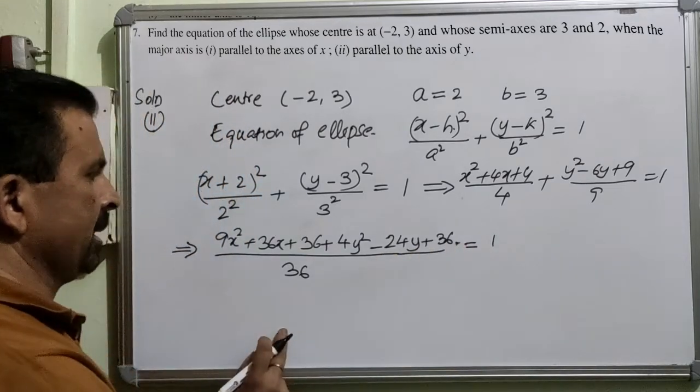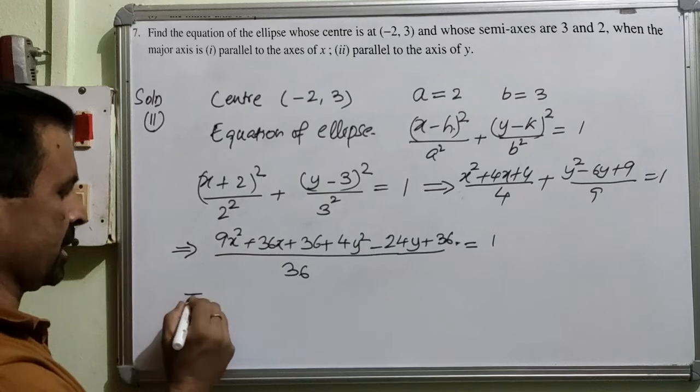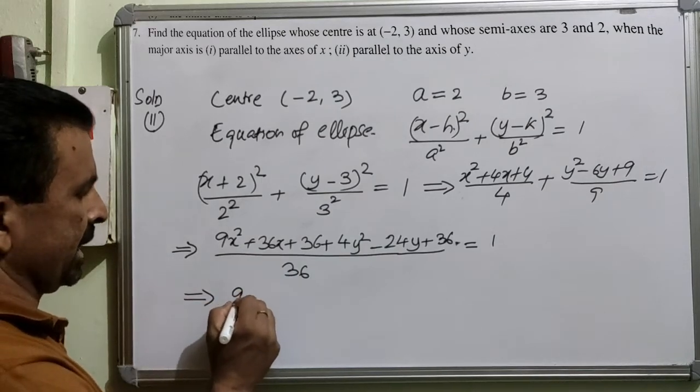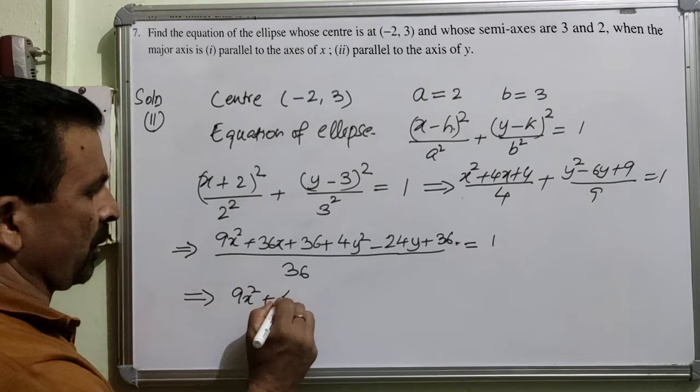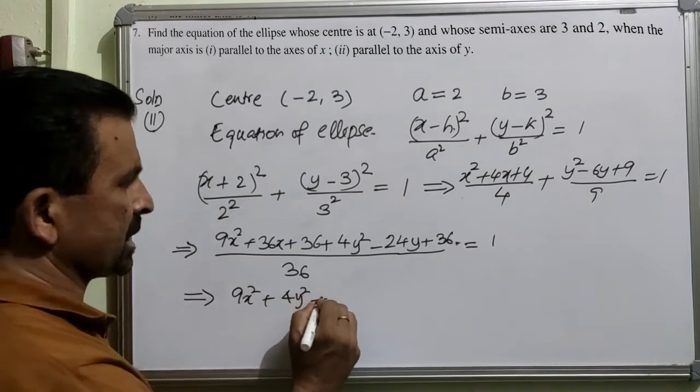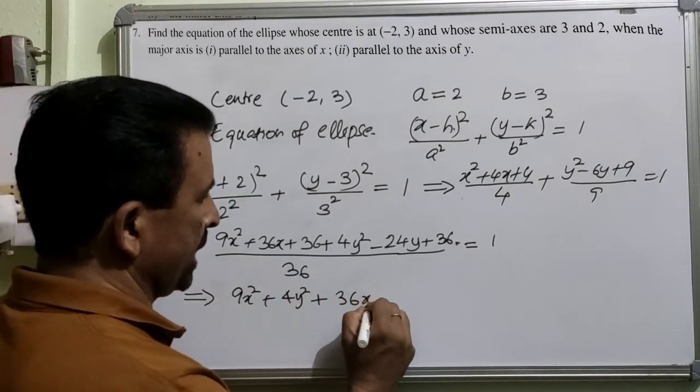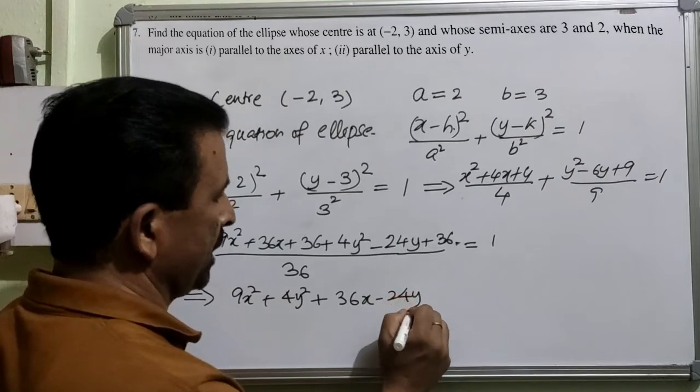Now cross multiply and then simplify the numerator. Collect all the like terms together. This will be 9x square plus 4y square, then plus 36x, then minus 24y, right?